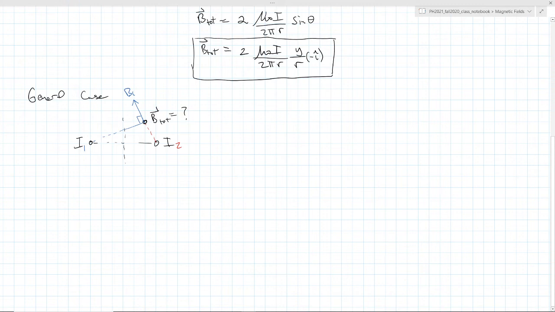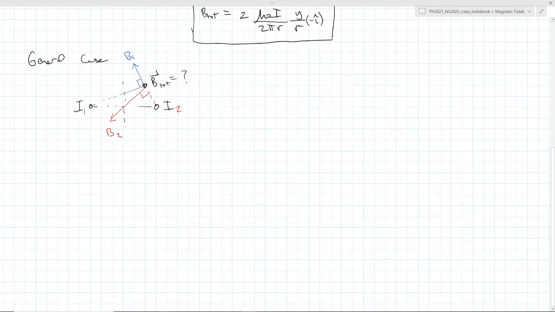And if it's also coming at you, it would point like this. It's got to be perpendicular to that R. And so we have to figure out how to add together B1 and B2. We're going to have to be more careful with our angles. And that's kind of where this is headed. So there's a problem like this in your homework. So I'm going to show you an example that looks at this more complicated case.